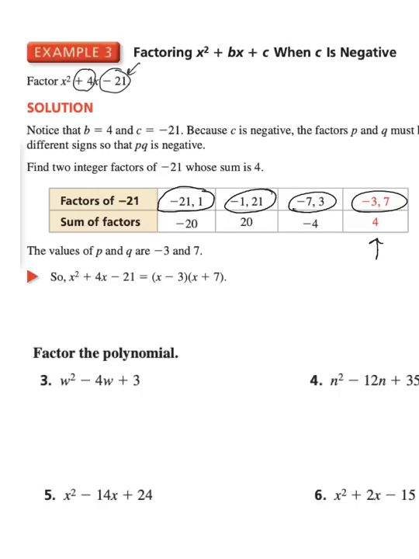So the -3 and the 7 are going to be the factors, the terms you're going to be using. So you got x -3 and then x plus 7. Some people notice that if the middle term is positive, then you probably want to choose the larger number to be the positive value if you have a situation like this.